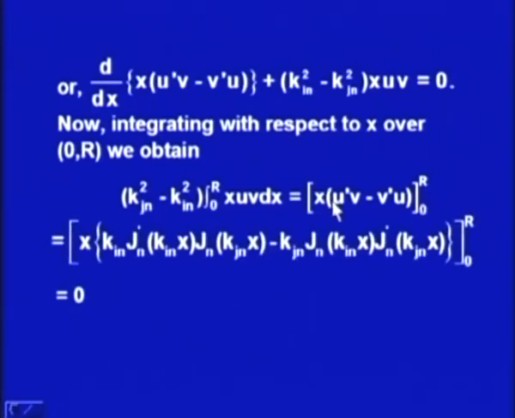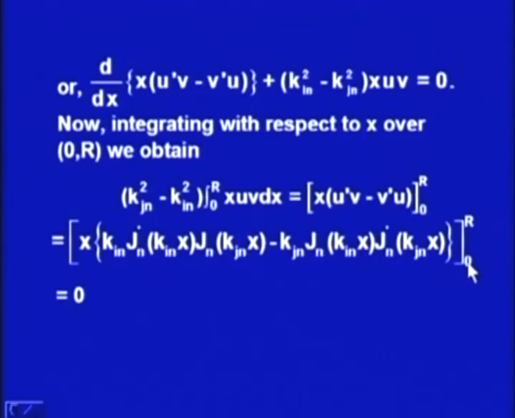Let us substitute the values of u and v here. The right hand side becomes x into the derivative of u, which is J_n(k_I n x). When we differentiate that with respect to x, we get k_I n into J_n'(k_I n x). v was J_n(k_G n x), then minus v' is k_G n into J_n'(k_G n x), and u is J_n(k_I n x).